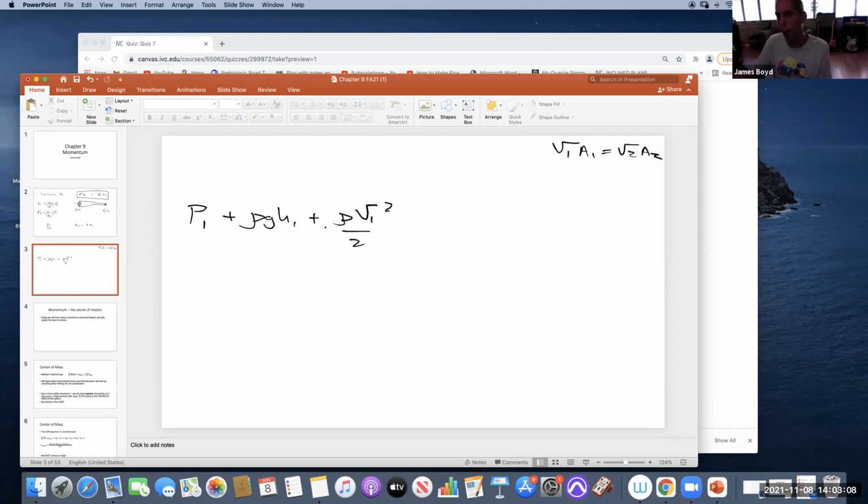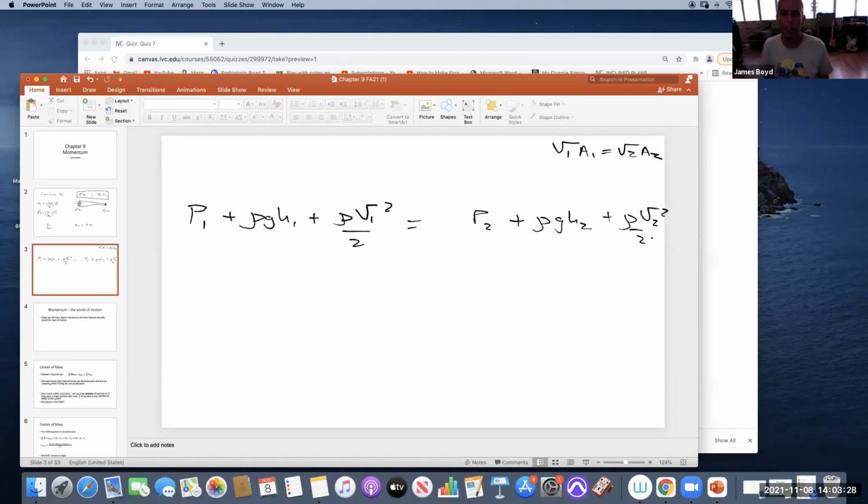And this is a lot like what we did for energy, where we had mgh, mv squared over 2, and maybe a spring. And you set this equal to the static pressure plus the gravitational pressure plus the kinetic pressure.